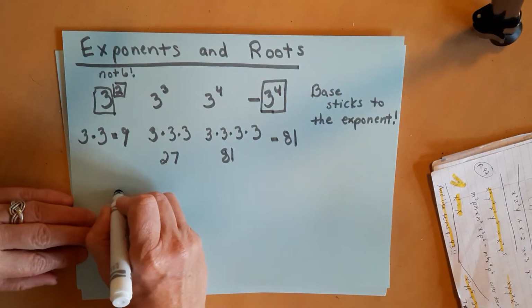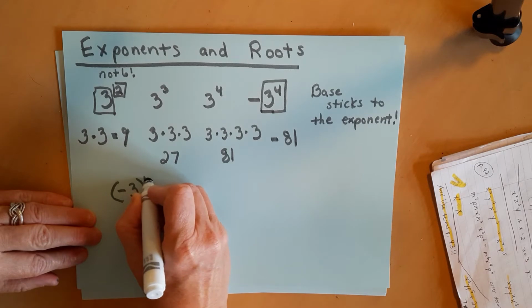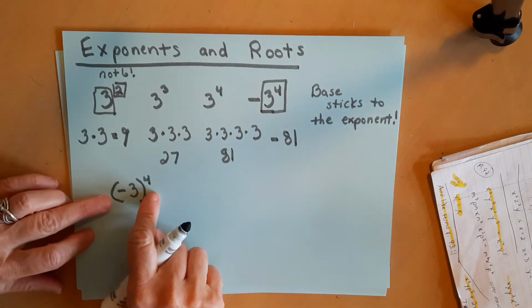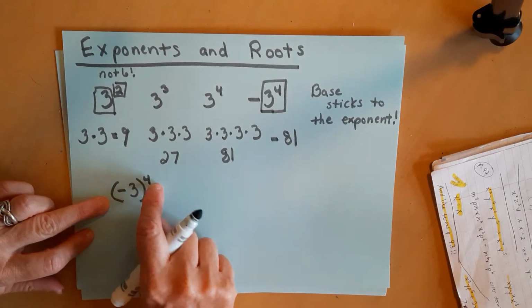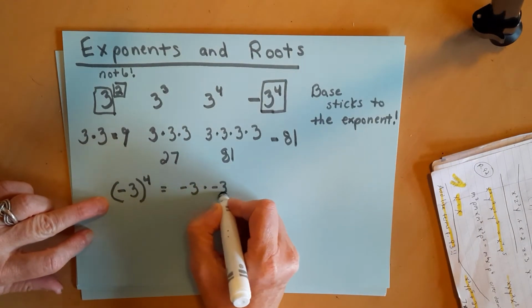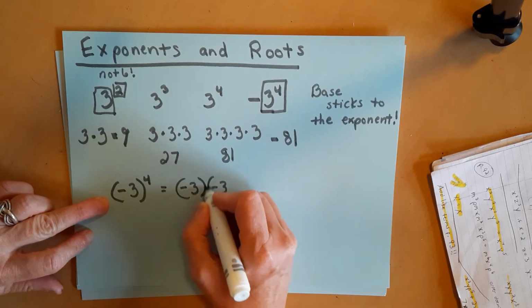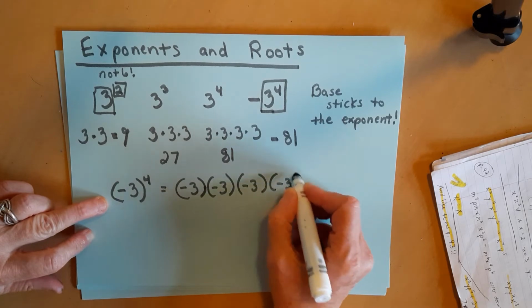If we put the negative 3 in parentheses and then raise it to 4, then we have this whole number, negative 3, multiplied by itself 4 times. So we have negative 3 times negative 3. Let's put parentheses, that's a little more clear. Times negative 3 times negative 3.